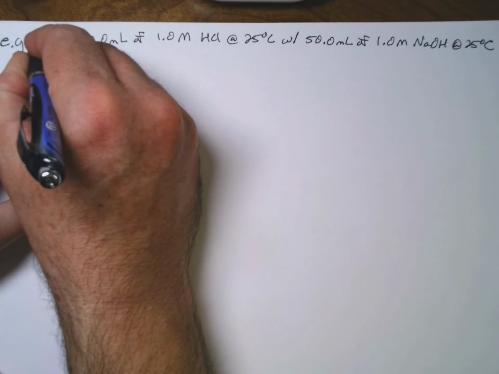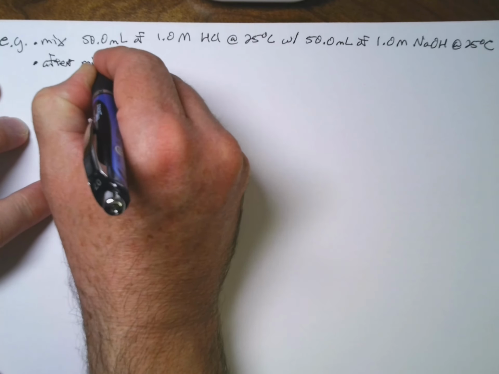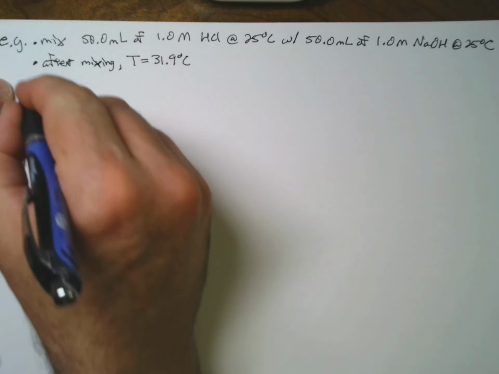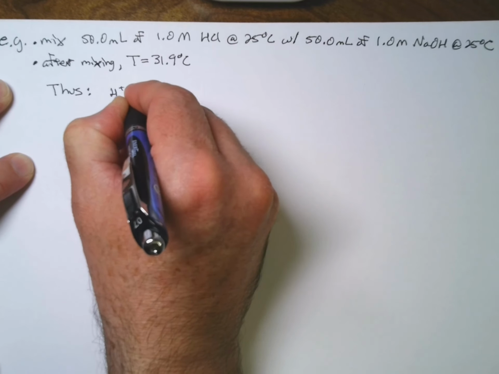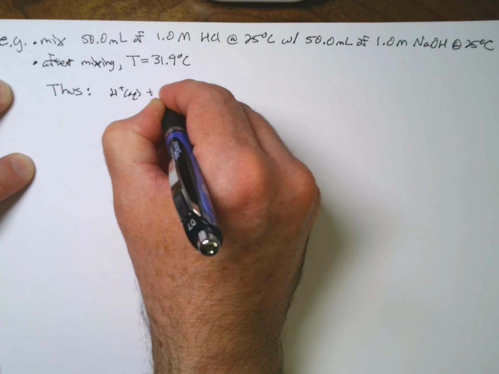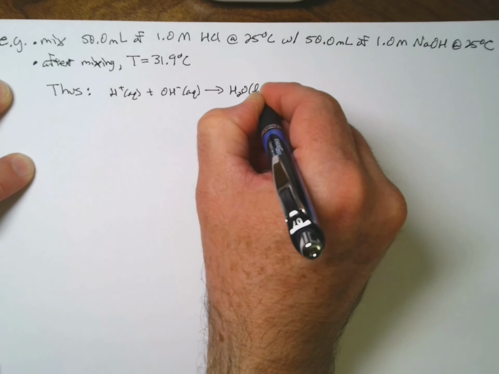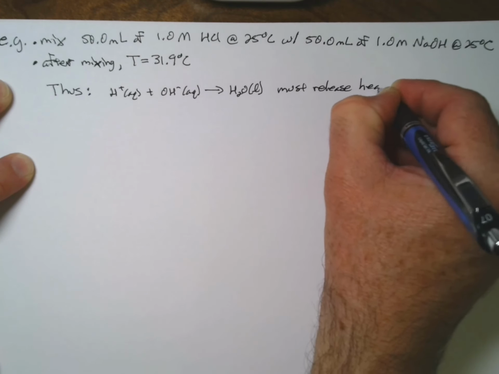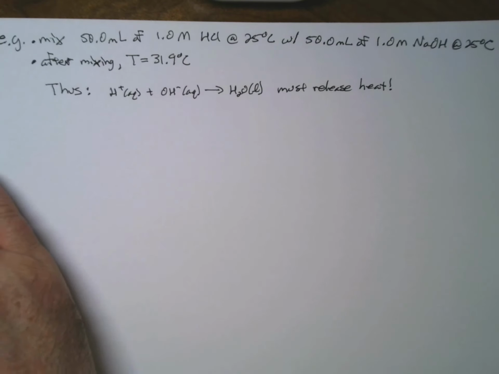And then after mixing, the temperature equals 31.9 degrees Celsius. Thus, our net ionic equation, H+ plus OH- reacts to give H2O, must release heat. Otherwise, how else would the solution warm up?